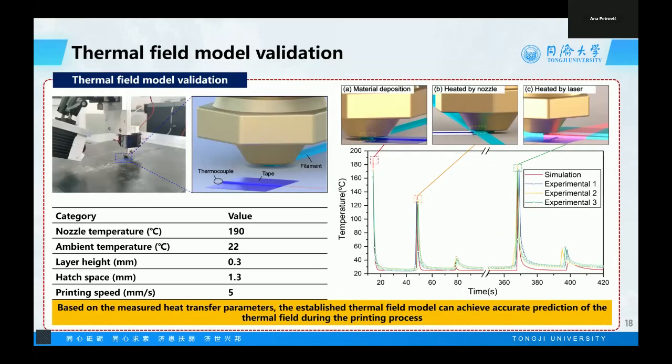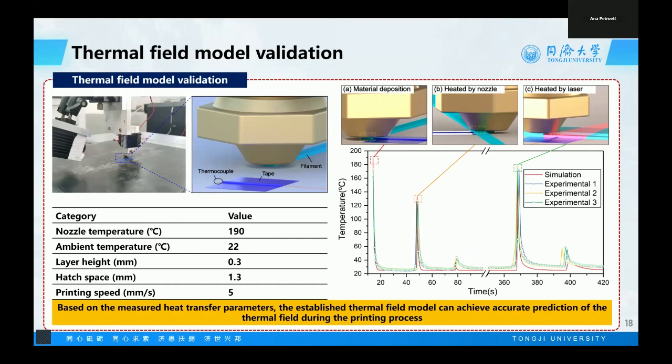And then we simulated the whole printing process used by the thermal field models. And the thermal history information of the material is recorded by the thermocouples in the experiment.